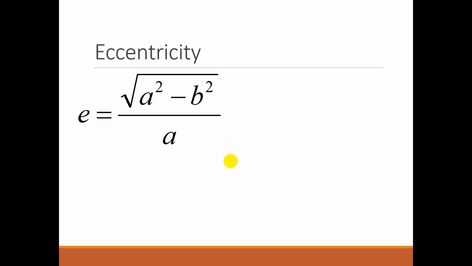Next formula for eccentricity. E is equal to square root of a squared minus b squared all over a. Eccentricity is the ratio of the distance of the focus from the center of the ellipse and the distance of one end of the major axis from the center of the ellipse.